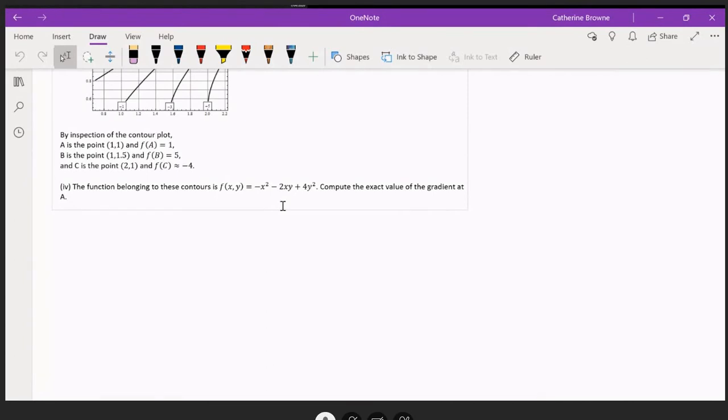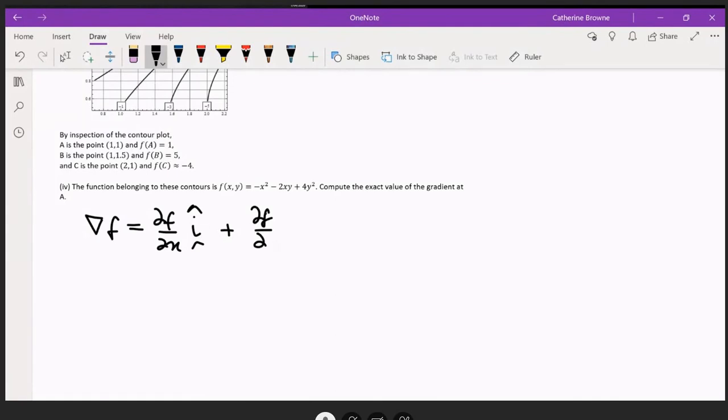That's given by the partial derivative with respect to x, i, plus the partial derivative with respect to y, j.